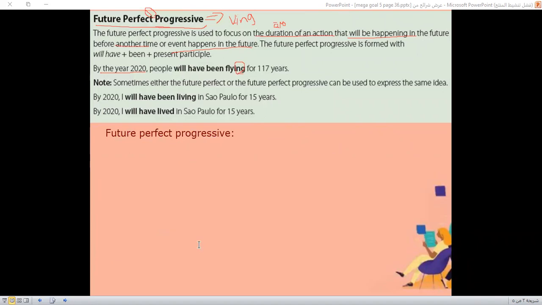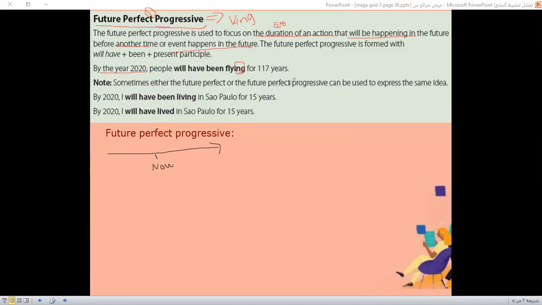Okay Salih, the thing about this grammar is that this is the timeline, okay? And this is now, this is the past, of course, and this is the future.